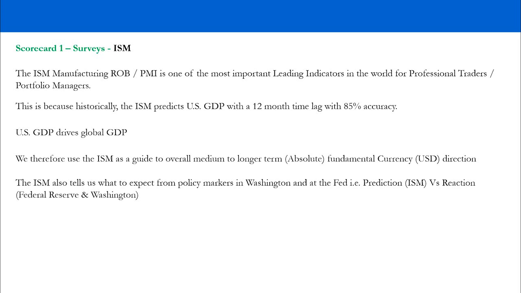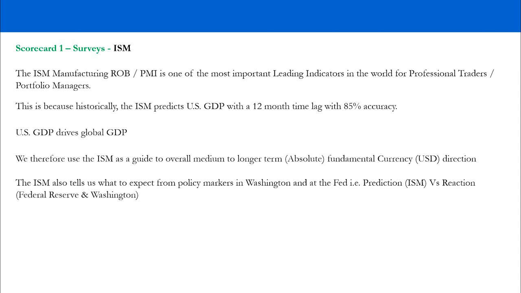This is exactly why we split up the analysis in our systematic framework as professional traders into endogenous and exogenous analyses, and then we combine the two. What we want to do first is get a total understanding of what's going on within the United States and all the drivers for the US economy that are not affected by or do not affect what's going on outside the United States.